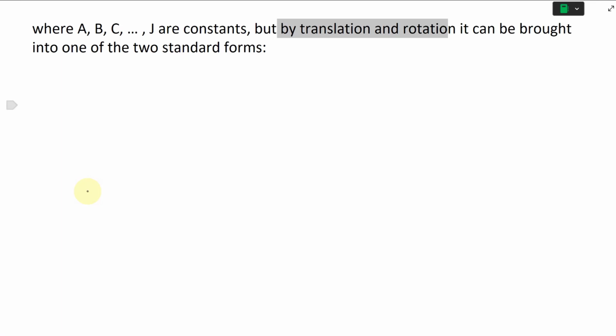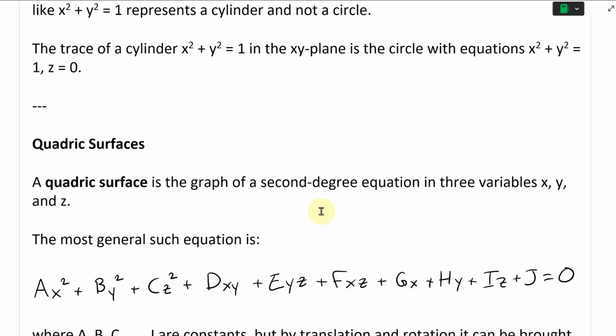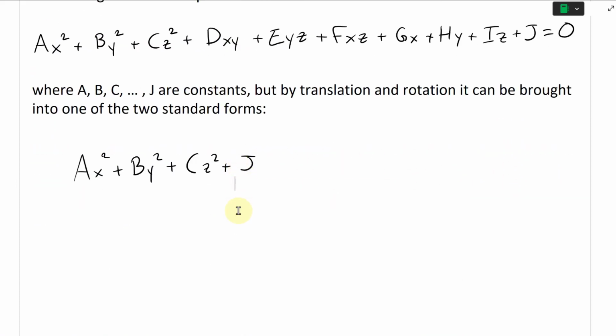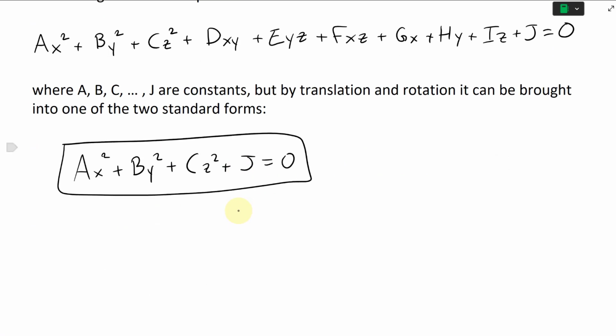The first one is ax squared plus by squared plus cz squared plus j. Basically, you can shift it all around and do a bunch of manipulation to get rid of all these terms, and it just equals j equals 0. So it's just standard stuff.